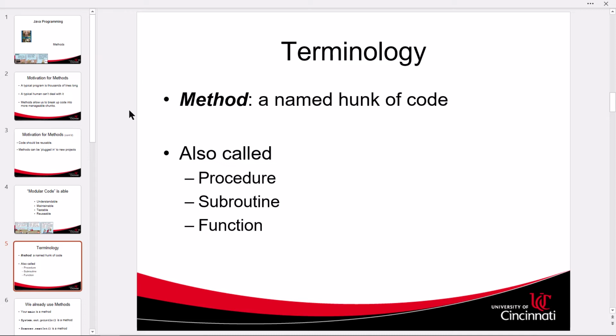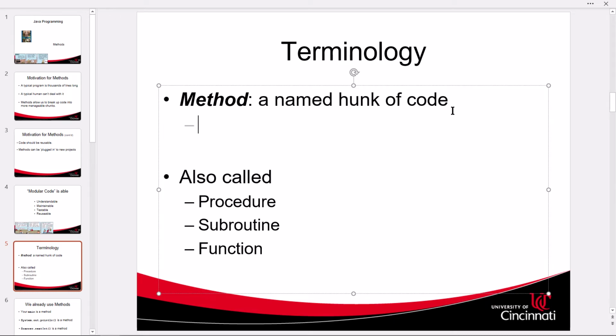Our terminology: a method is a named hunk of code. I'm using the term hunk till I get something more specific to talk about, which we will. And if we want to be even more specific, this named hunk of code is in a class. At this point, we don't know anything about classes.